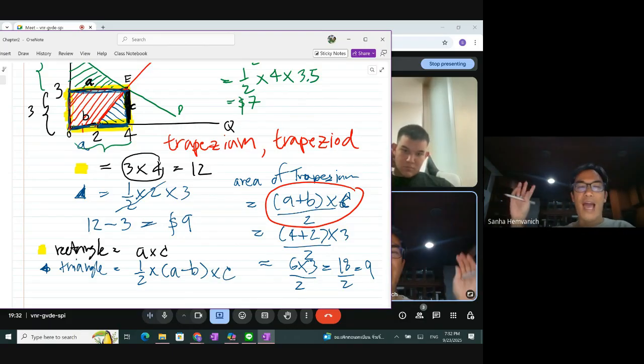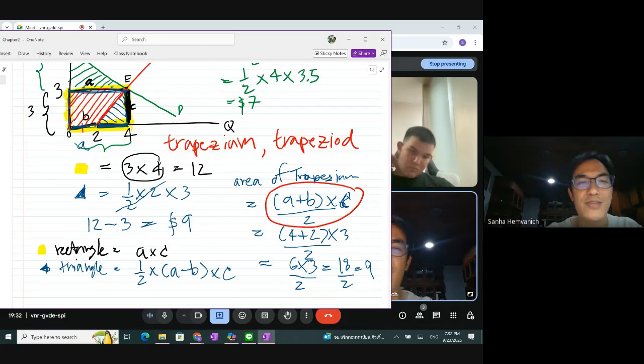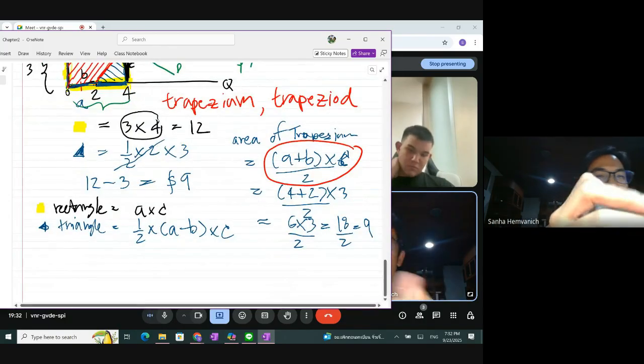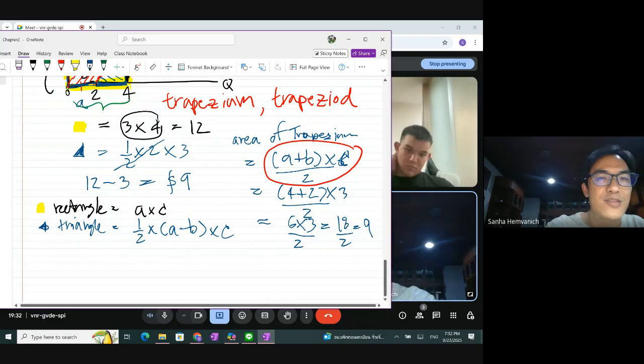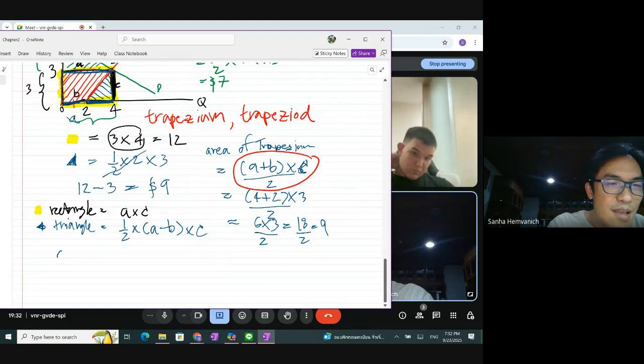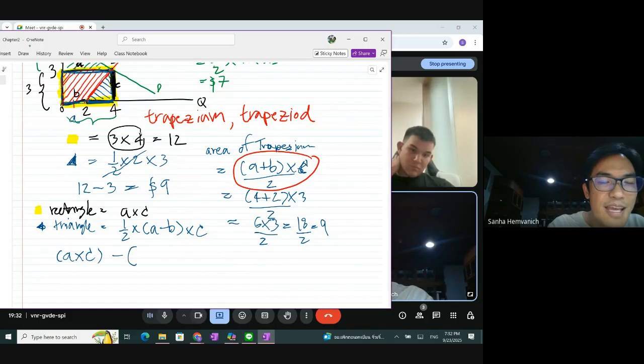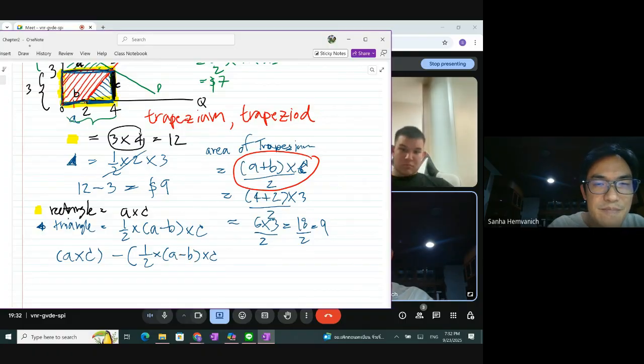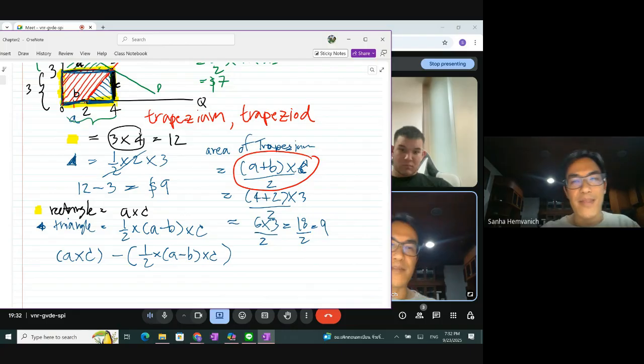Okay. So we have the rectangle and the small triangle. What happens if we subtract them, right? We subtracted them before, so we're going to do that. We start with A multiply C, subtract everything in the parentheses, 1/2 multiplied by A minus B, multiplied by C. This is just a matter of mathematics.